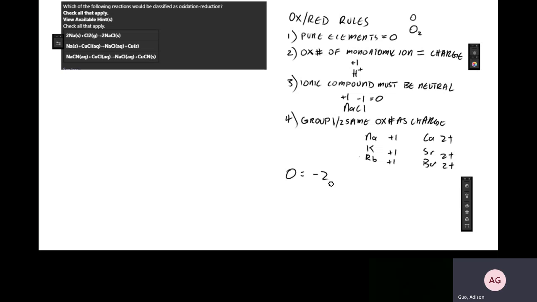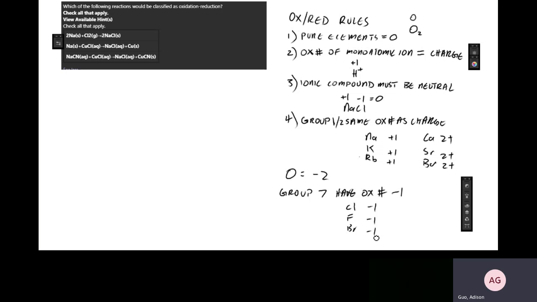And we'll say that group 7 have an oxidation number of -1. So basically we have Cl, fluorine, bromine. These are -1. And that's pretty much most of what you need to know.